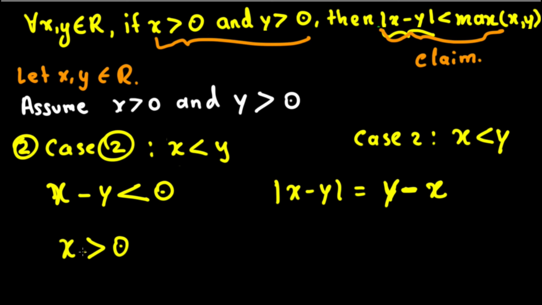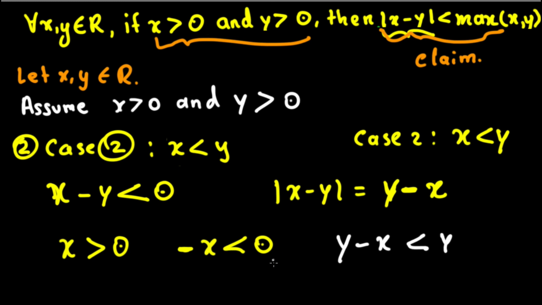If x is greater than 0, we know that negative x is less than 0, because if we just add y to both sides we cannot get this pattern; we need a negative number. So the negative of x should be less than 0. Now we can add y to both sides, and it's going to be y minus x is less than y.